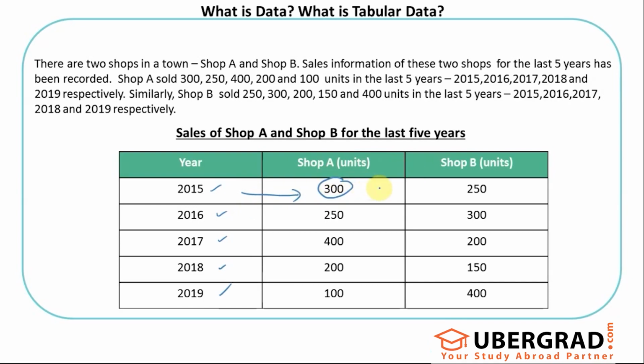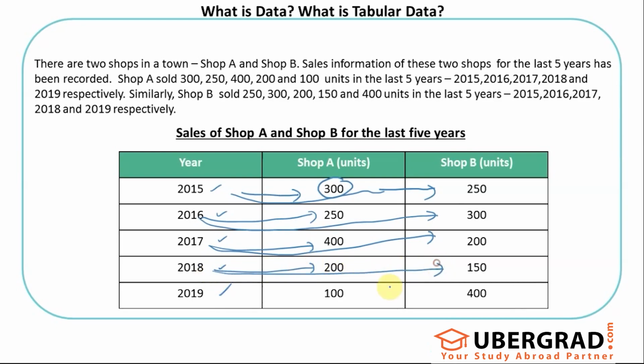Shop B sold 250 units in 2015. Similarly, in 2016, shop A sold 250, shop B sold 300; 400 in 2017 for shop A and 200 for shop B; 200 for shop A in 2018 and 150 for shop B in 2018. Similarly, 100 for shop A in 2019 and 400 for shop B in 2019.